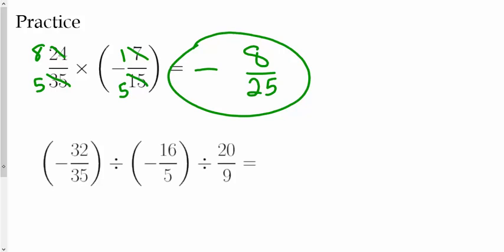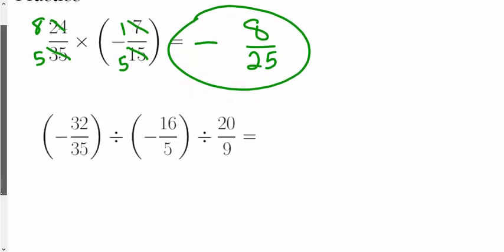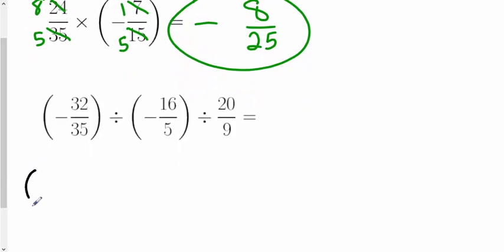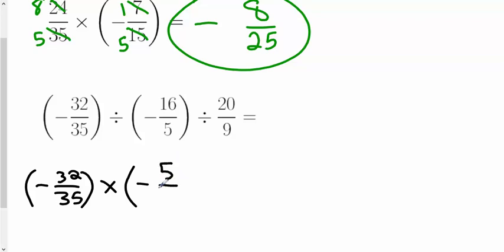In this next example, I see I've got a bit of division here, so I'm going to change everything to multiplication. Negative 32/35, keep that the same. Change division to multiplication. Flip the fraction. And then I've got division again. I'm going to change that to multiplication and flip the fraction. Multiply by the reciprocal.